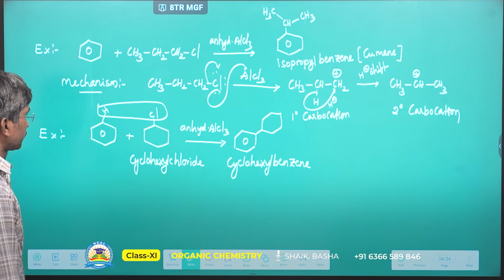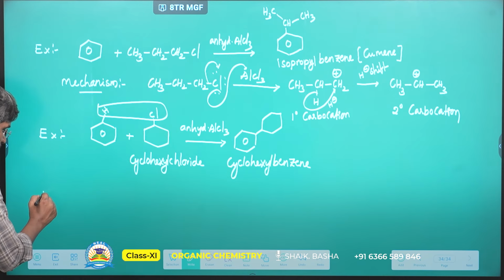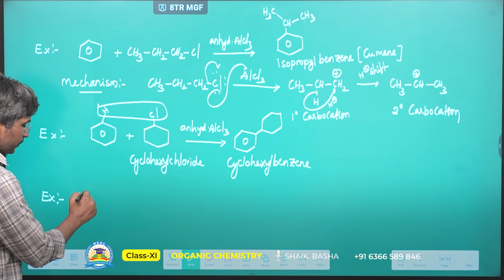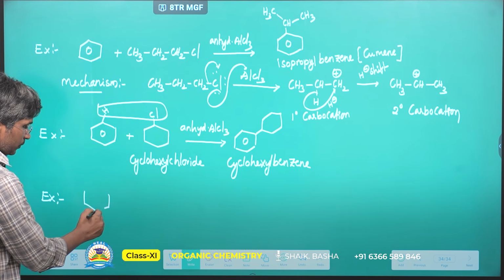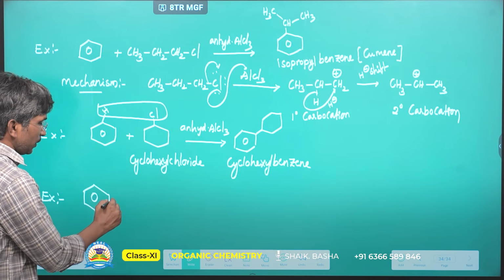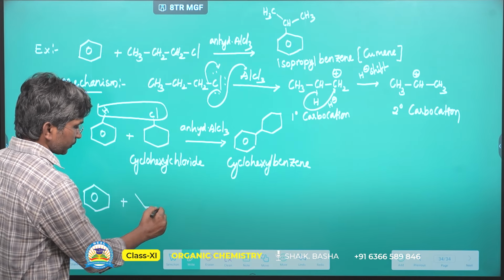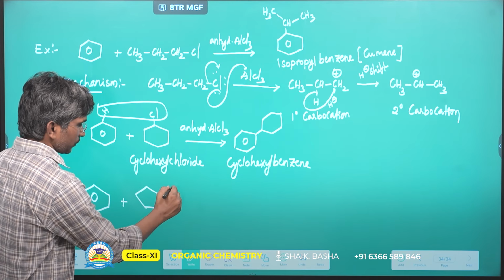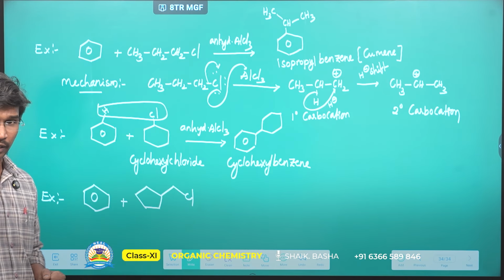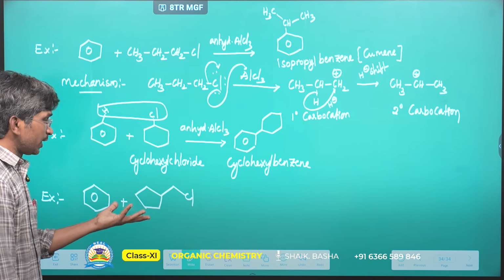Then one more example. We'll see here. I'll give you an example, you can try. Benzene on treating with an alkyl halide I have taken. Which alkyl halide? Here which ring is there?